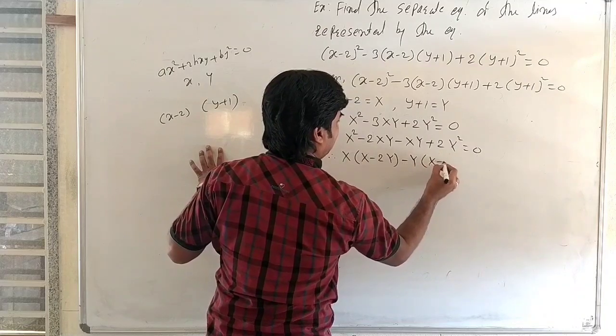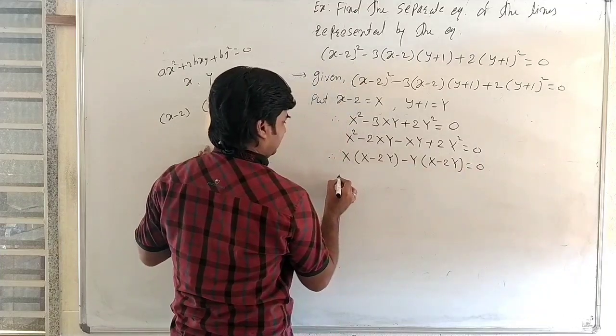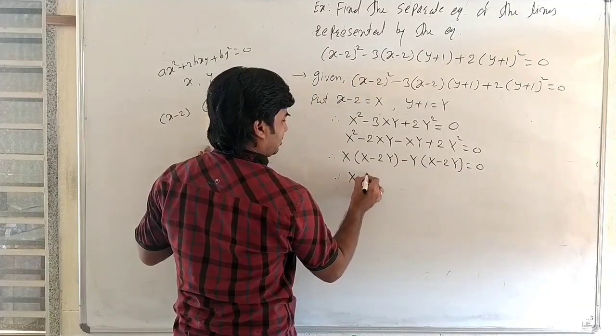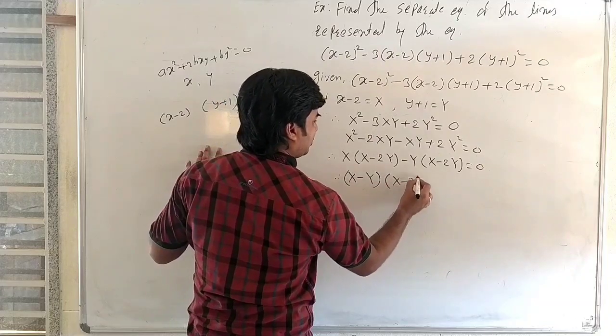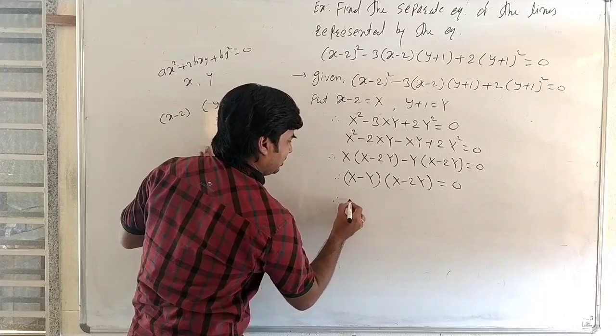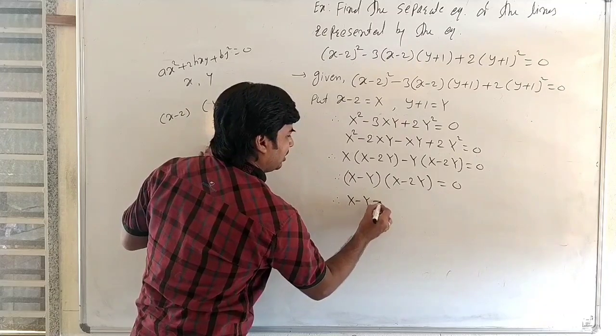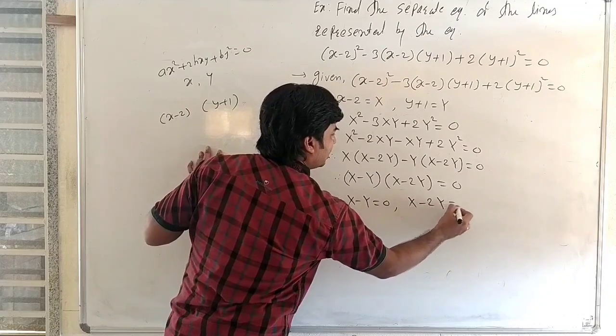Again X minus 2Y is equal to 0. Then (X minus Y)(X minus 2Y) is equal to 0. Therefore, we can write X minus Y equal to 0 and X minus 2Y is equal to 0.